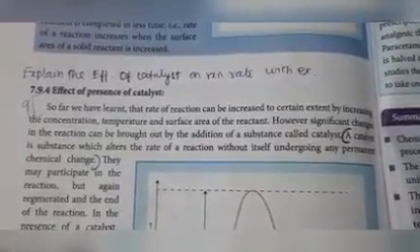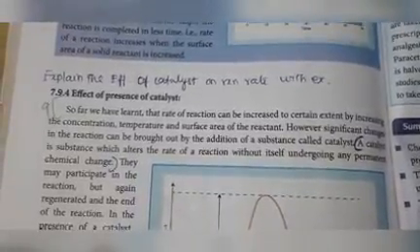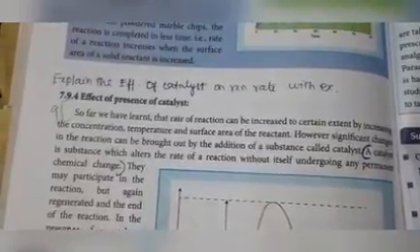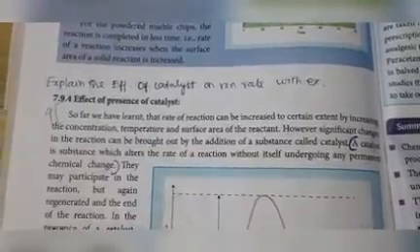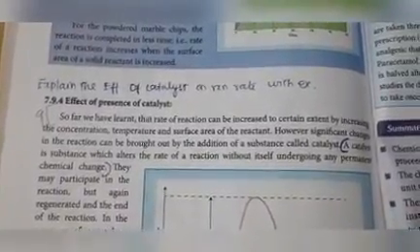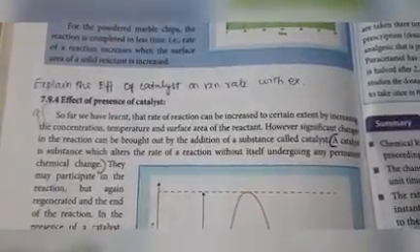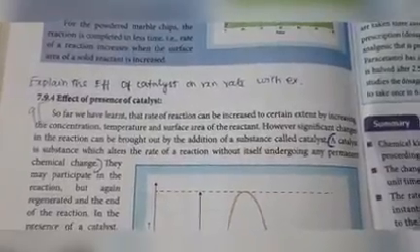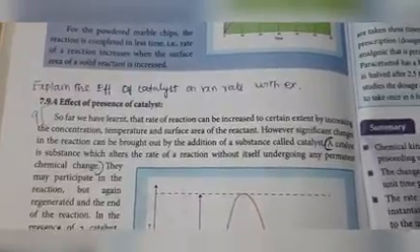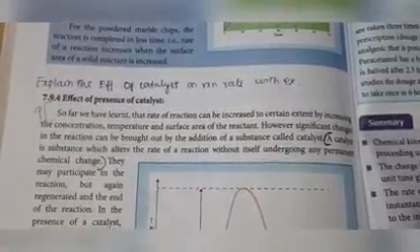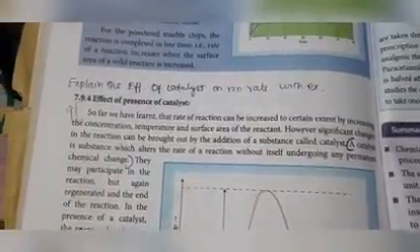If you increase the temperature, the rate increases. If the surface area of the reactant increases, the rate increases. However, significant changes in the reaction can be brought about by addition of a substance called a catalyst. That means if you add a catalyst, that will also influence the rate of the reaction.